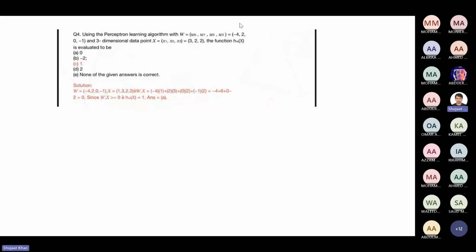Okay. So here you have weights. This is your bias, and these three are the weights of these three variables. If you remember the formula of perceptron learning, it says the h function parameterized by w takes the value x, and if the weighted sum of x and w for all values is greater than or equal to 0, the function will output 1.